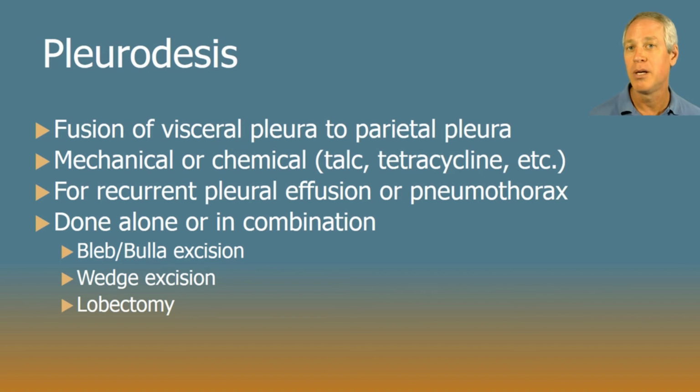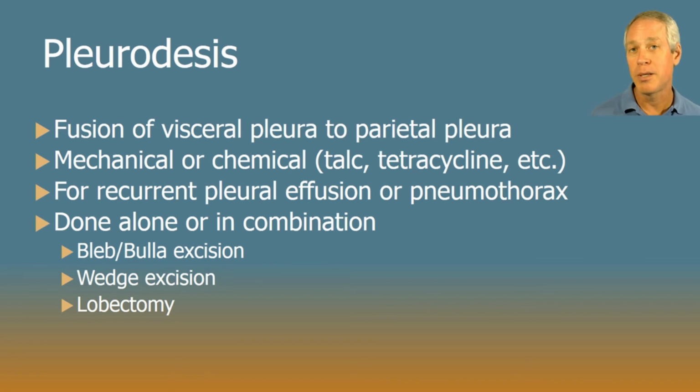That obliterates the pleural space. A chemical pleurodesis, more common these days, uses an irritant substance like talc or tetracycline. There's a few other chemicals that they can instill even without a VATS, just through a catheter, through a thoracentesis, and that causes the same effect. The surface of the pleura, parietal and visceral, become irritated and they scar together and obliterate the space.